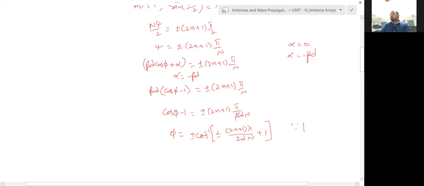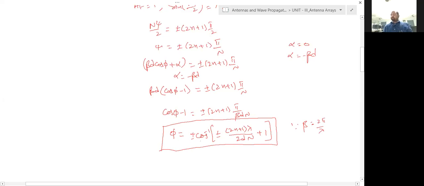Since beta is equal to 2 pi by lambda, substituting and taking this to the right hand side, phi is equal to cos inverse of plus or minus 2n plus 1 lambda by 2 d n, plus 1. So this is the expression for determining the maximum directions of minor lobes.